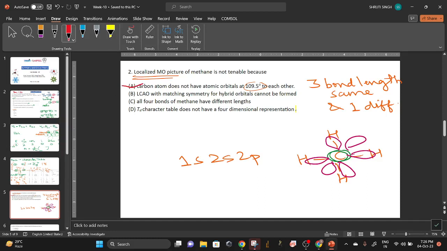Next is, in the tetrahedral character table there is no four-dimensional representation. Option D is correct. Let me explain why.